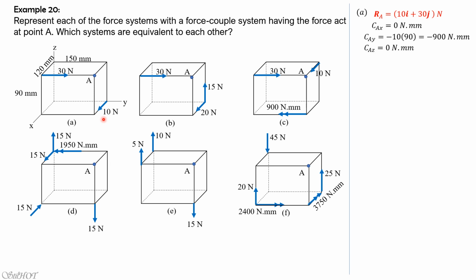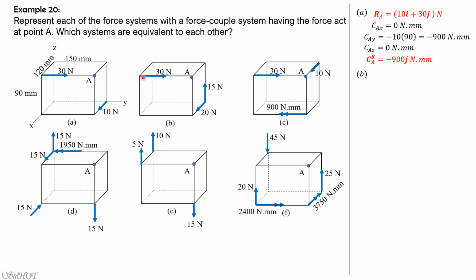Therefore, the resultant couple about A is equal to negative 900J Newton millimeter. So this is the equivalent force couple system acting at point A for the force system in part A. So let's proceed to B.